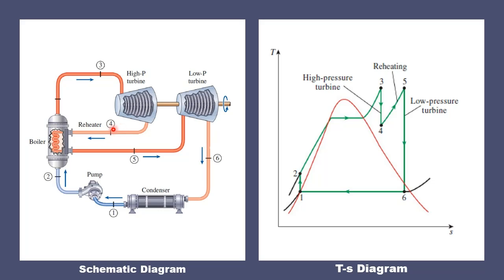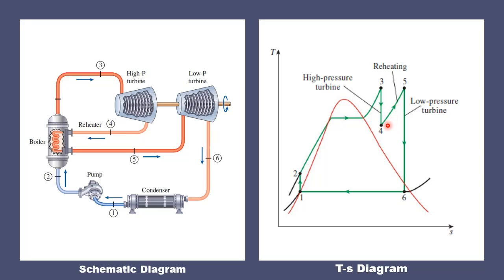So now it will enter again the steam generator. If you can still recall, the steam generator is just the combination of the superheater and the boiler. So that is the steam generator. It will be reheated there so that it will gain back its temperature of 500 degrees Celsius at point 5. That is why process 4 to 5 is a reheating process.